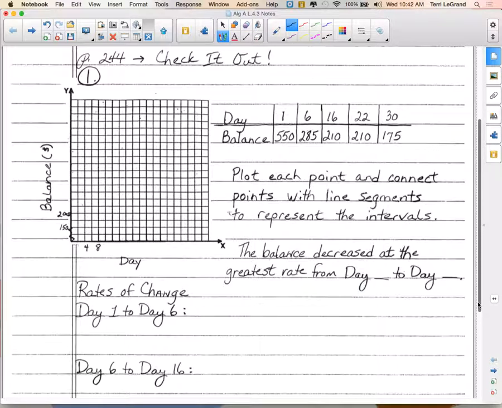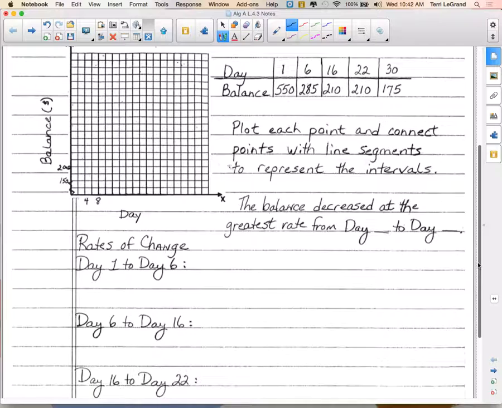So first of all, we're going to plot each of these points and connect them with line segments to show those intervals, okay? So go ahead and, first of all, we're going to finish numbering our x-axis. What's it going by? 2's. But I only started labeling every other one, right?